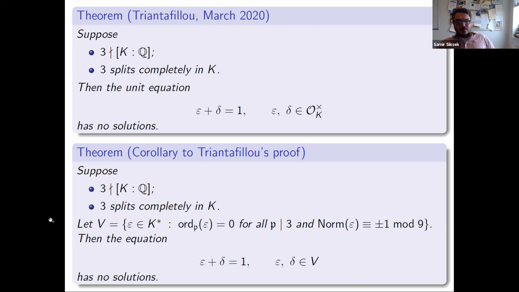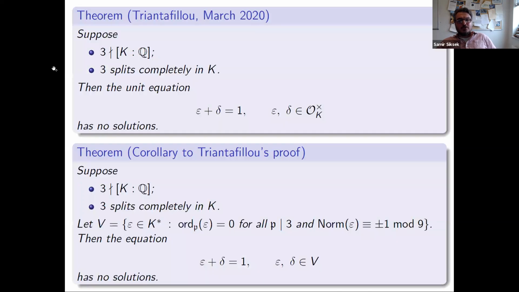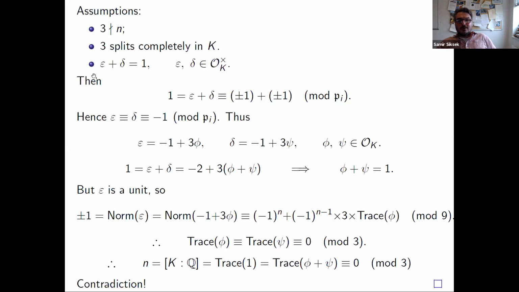Okay, but at that time I was also talking to Alan Kraus and Nuno Freitas about unit equations, and we thought maybe we can generalize this or extend it in different ways. Maybe I should point out that if you go back and try to replace 3 by 5, the argument fails at this point.